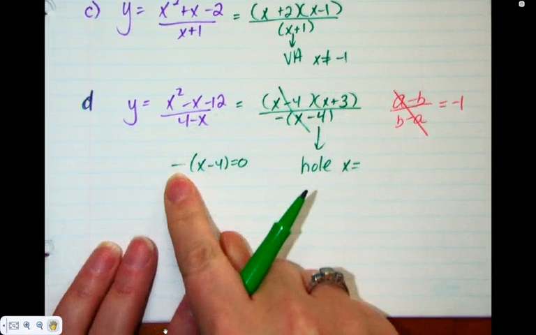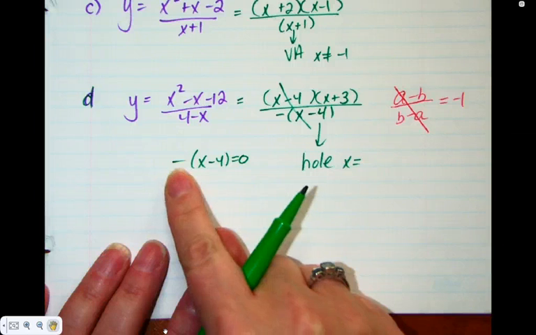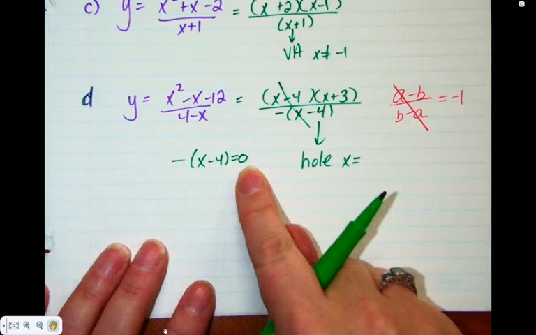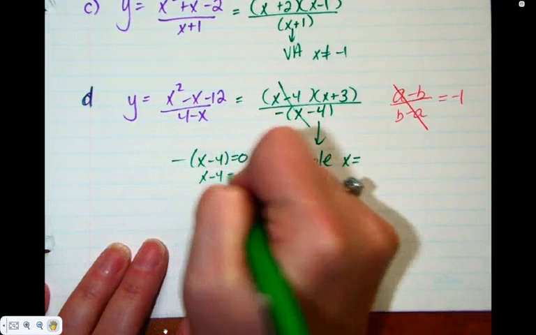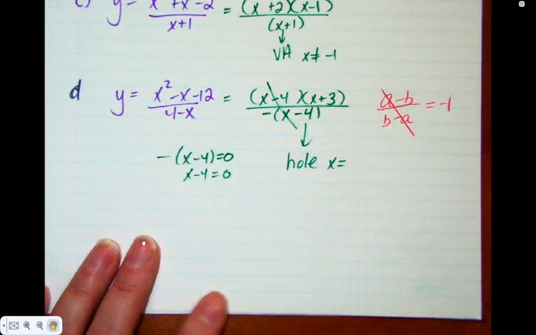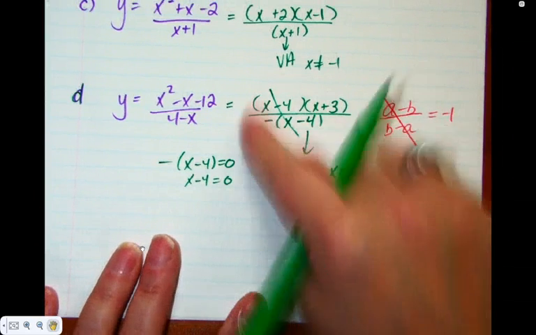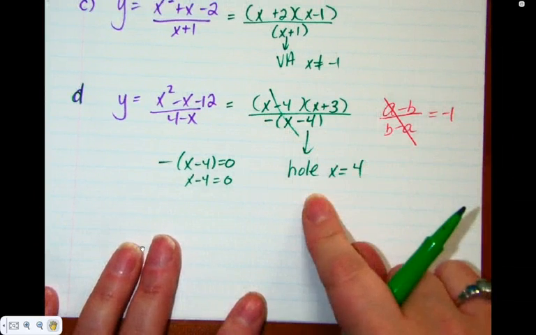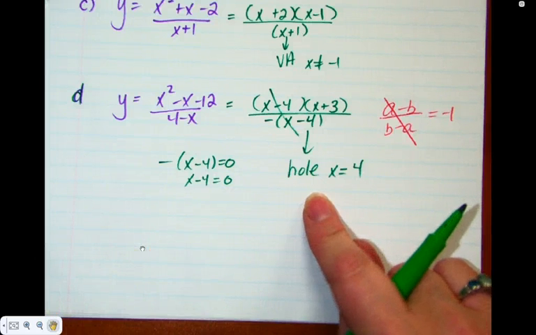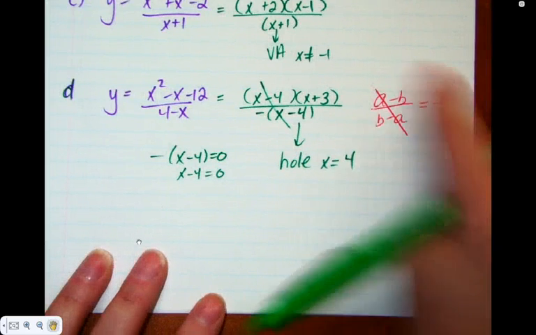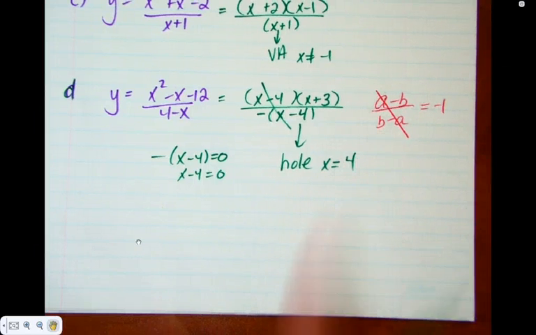How do you get rid of this negative that's in front? Divide by negative 1. What's 0 divided by negative 1? So x is equal to 4. It's really important you see this factoring thing here because it's a hole. If you didn't, you'd think it was a vertical asymptote, which completely changes the graph. Okay, so this situation here is where it's coming from.